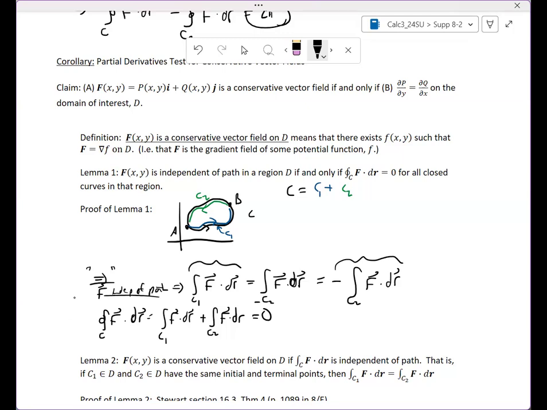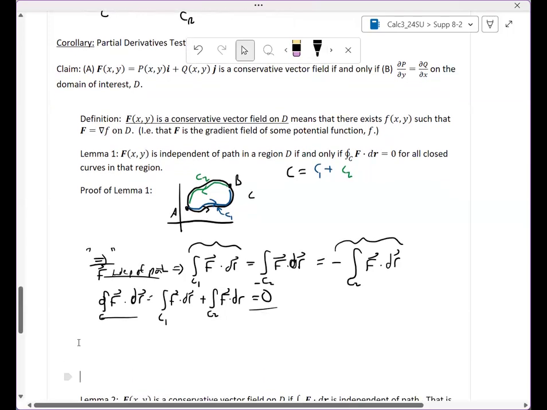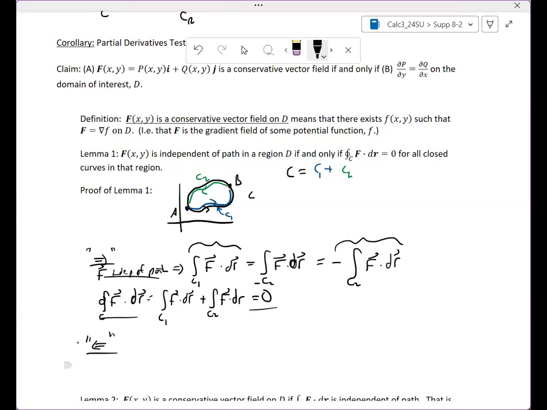So if F is independent of path, then the integral around a closed curve is 0. We have to prove the other direction as well, that if the integral around any closed curve is 0, then F is independent of path.